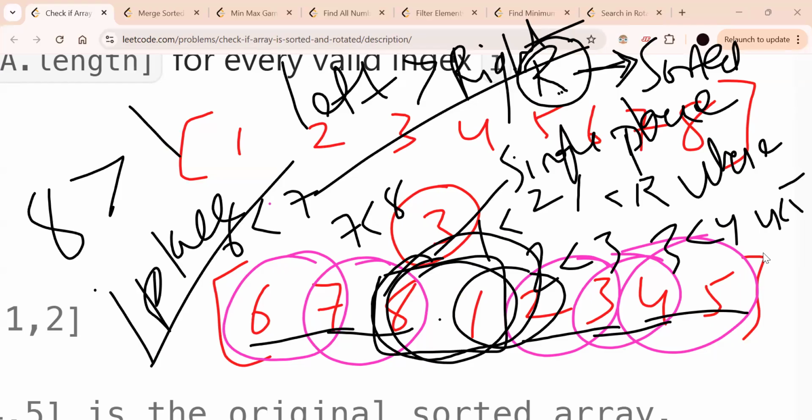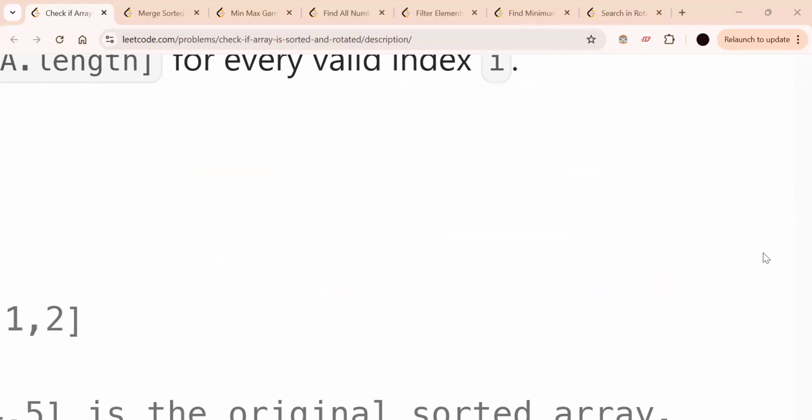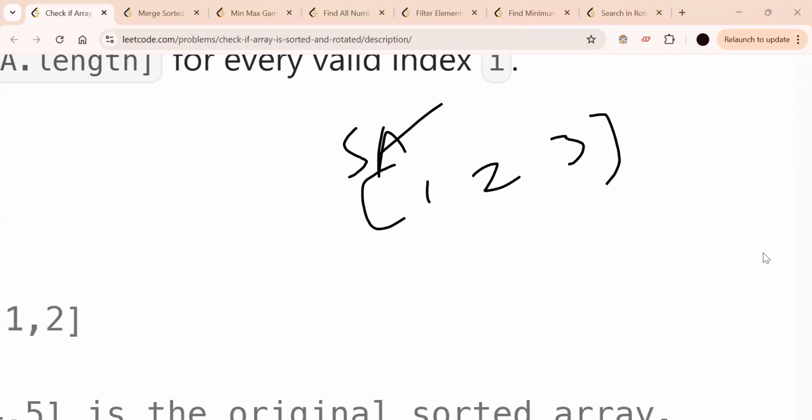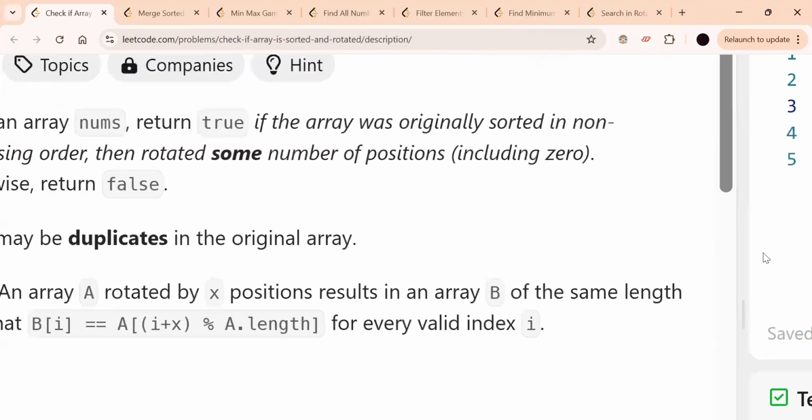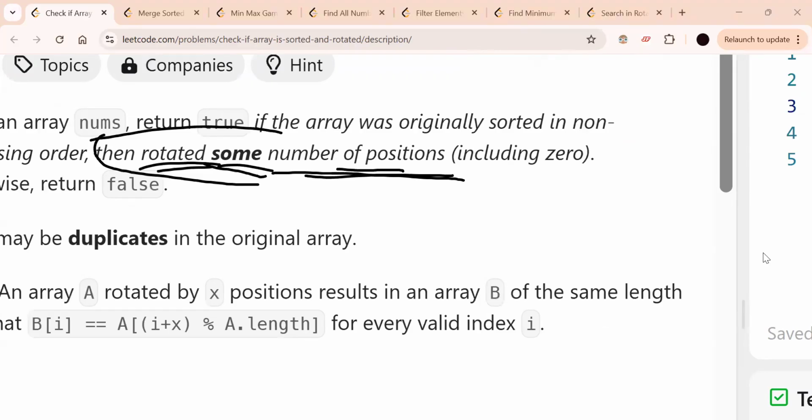Now let's jump into another example. Sometimes they can give you a directly sorted array itself. The reason I gave this array as input is that the array can be rotated some number of positions, including 0, which means this can also be an original array.